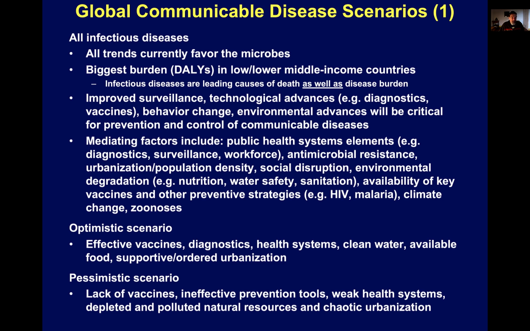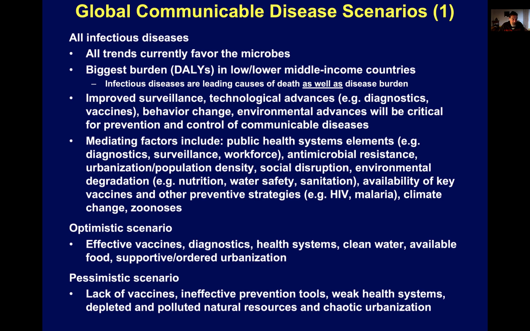So an optimistic scenario might be one where there are increasingly available effective vaccines and diagnostics, strong health systems, cleaner water, better nutrition, and a process of urbanization and population growth that is a bit more ordered than it has been in the past.